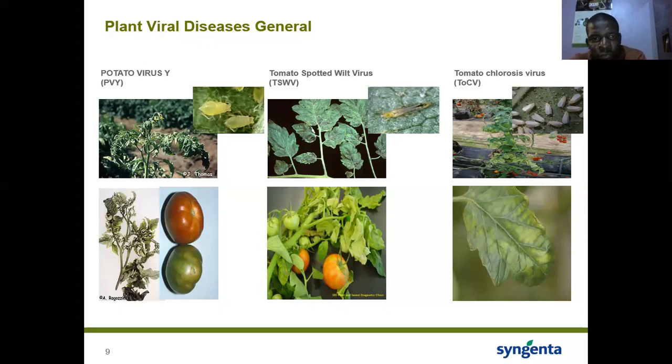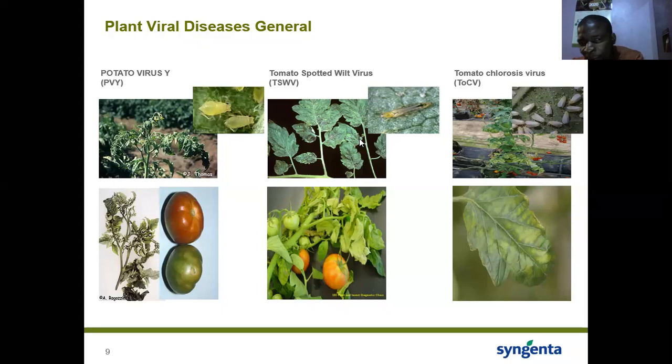Then number two, we've got tomato spotted wilt virus. This one is transmitted by a thrip. So as a farmer, you need to make sure that you control the insects in the field so that you don't have this kind of a disease.